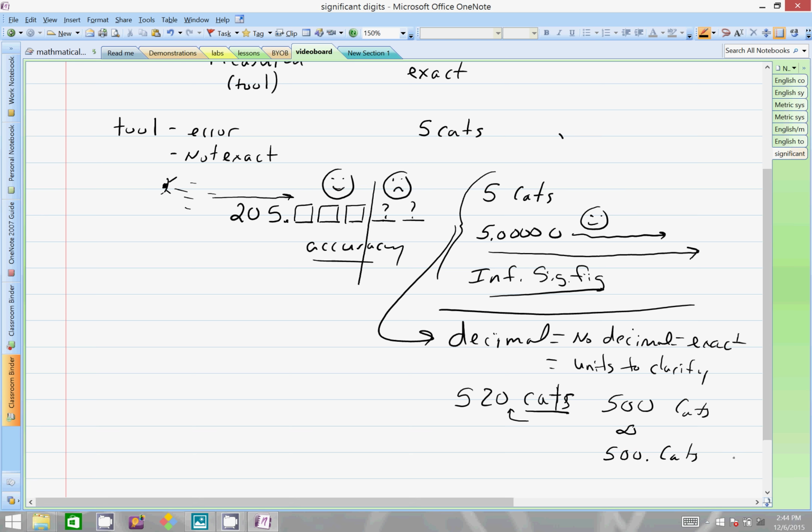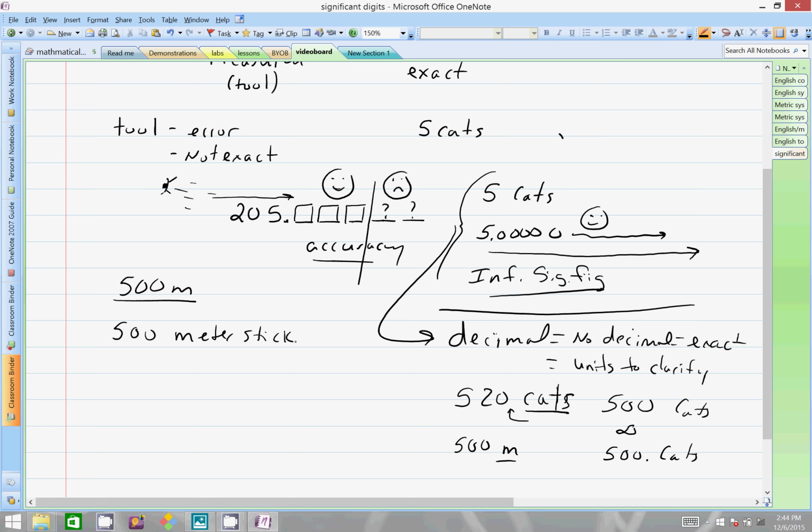So the decimal rule is not the most highly followed rule, but just so you know where I'm coming from when I look at a few problems. If I say we have 500 meters, now a meter is not something that can ever be exact. I cannot have exactly 500 meters. I can, however, have 500 meter sticks.